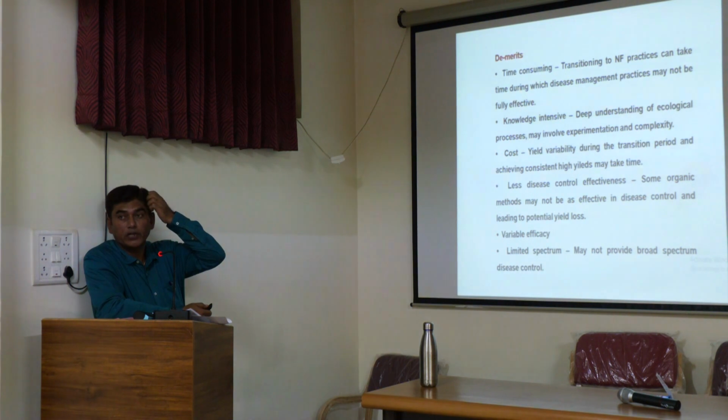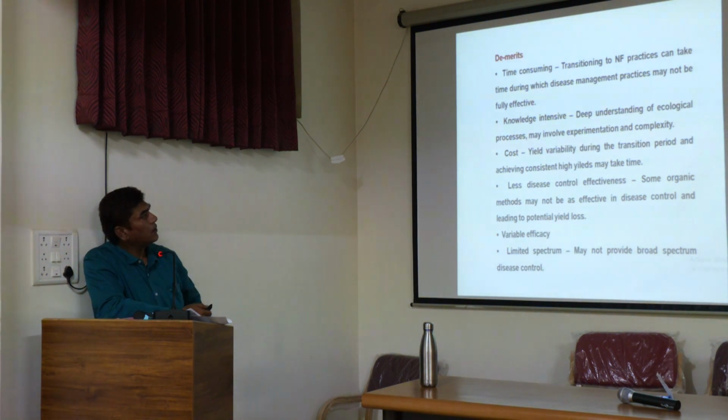Demerits are, it is time consuming. One more is knowledge intensive, because deep understanding of ecological processes, experimentation and complexity are involved. Cost, because yield variability is there during the transition period, so consistent high yield may take time.